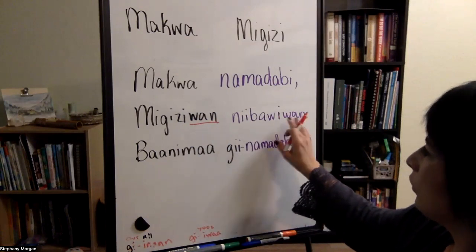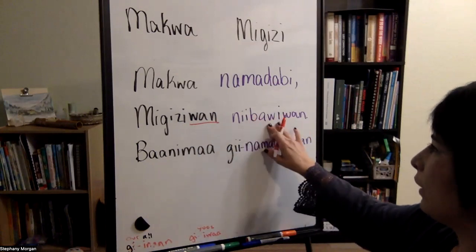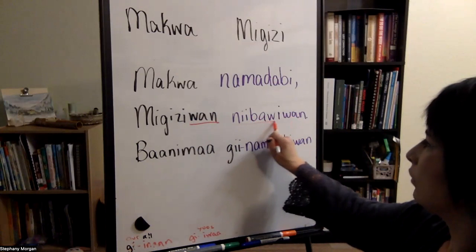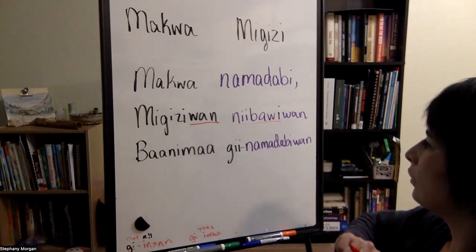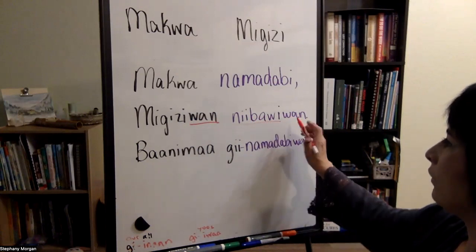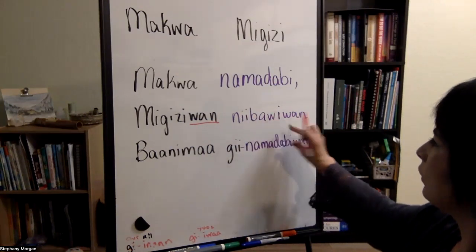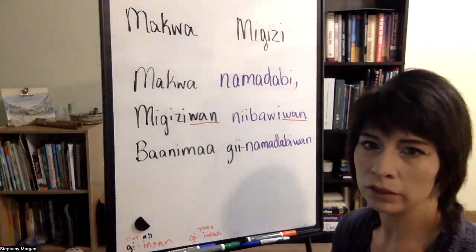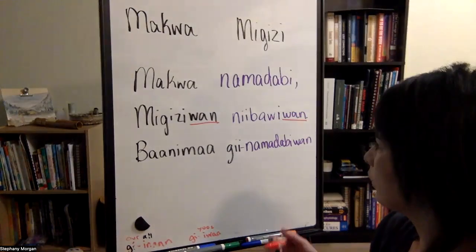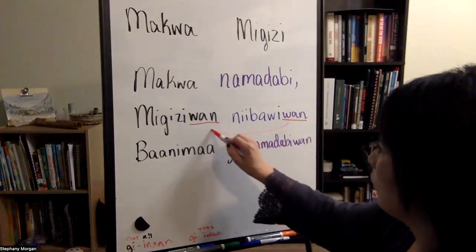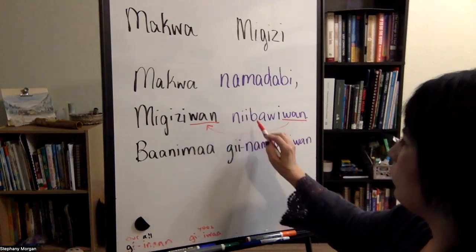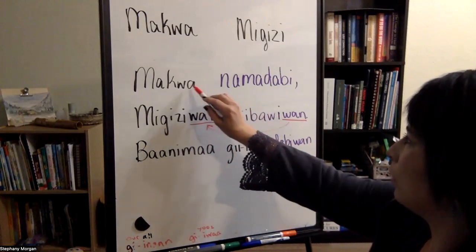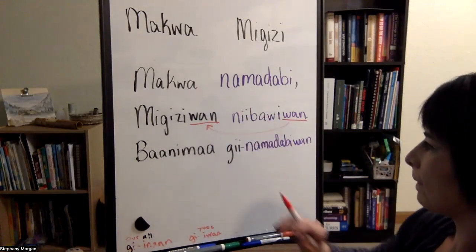Nibawi wan. The word nibawe is he or she stands in ween form, but it has this additional one marker on the end, indicating that it's not ween doing it, it's fourth person doing it. So we know Migizi is the one who's standing, Makwa is the one who's sitting.